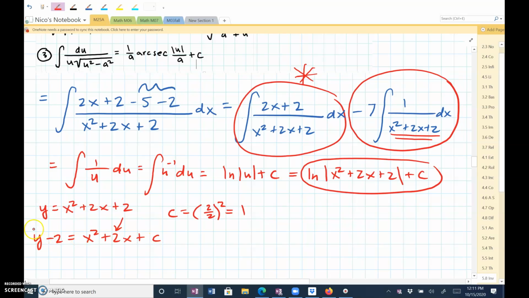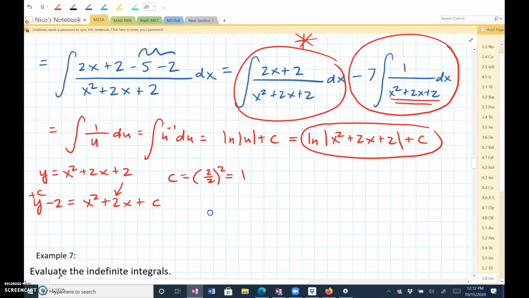So everywhere there is a c, I'm going to replace that with 1. And this would become x plus 1 squared. And this would be y minus 1. So y equals x plus 1 squared plus 1.